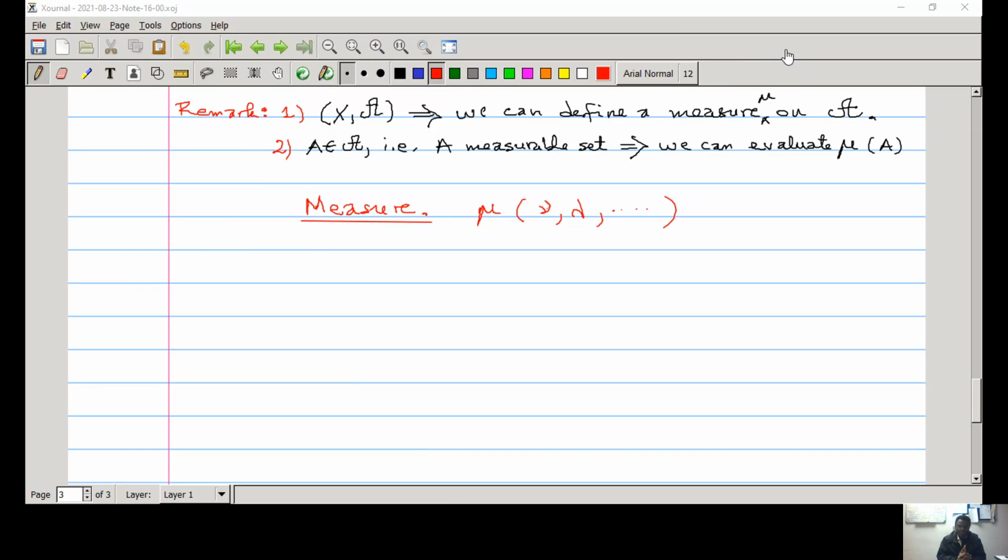Now the measure of the union of two disjoint sets is the sum of the measures of the two sets.